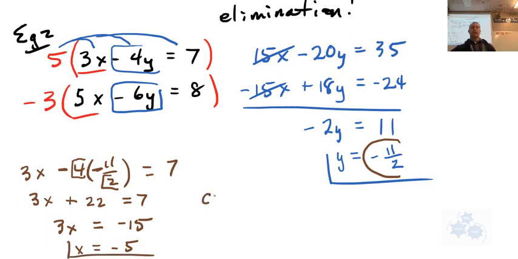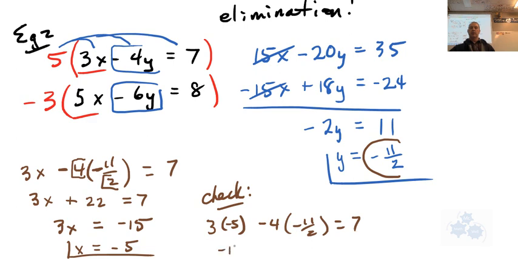Now the only other thing I would want to do is to check that, right? So 3 times negative 5 minus 4 times negative 11 over 2 should equal 7. That's negative 15 plus 4 over 2 is 2 times negative 11, so that's going to be 22 equals 7.